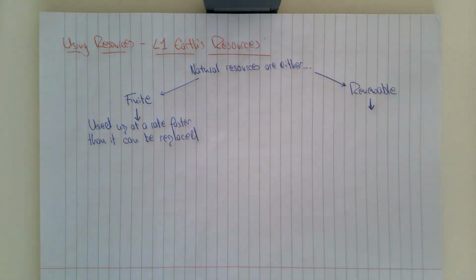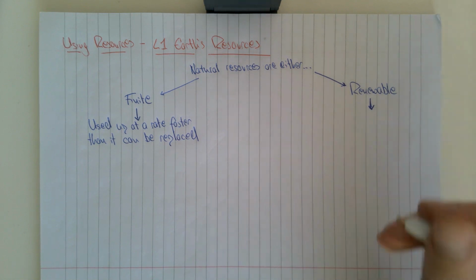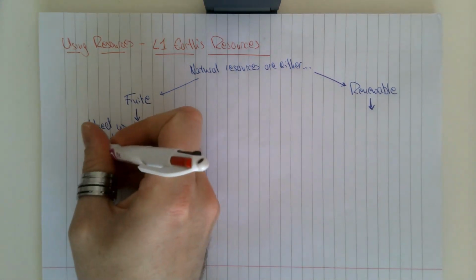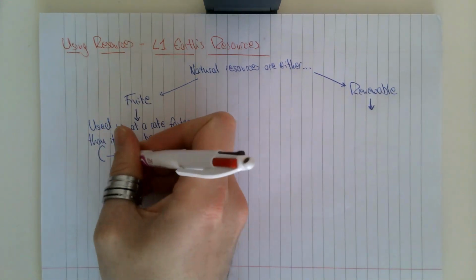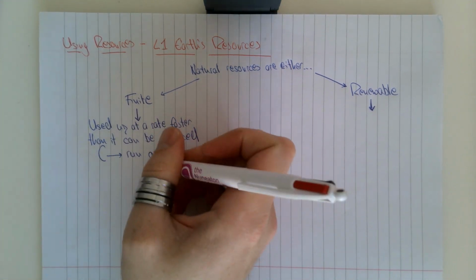Now, sometimes in a simple way, you might describe a finite resource as one that runs out, which isn't incorrect, because if you use up a resource at a rate faster than it can be replaced, you are going to run out of it eventually. So as a consequence, it's going to run out.